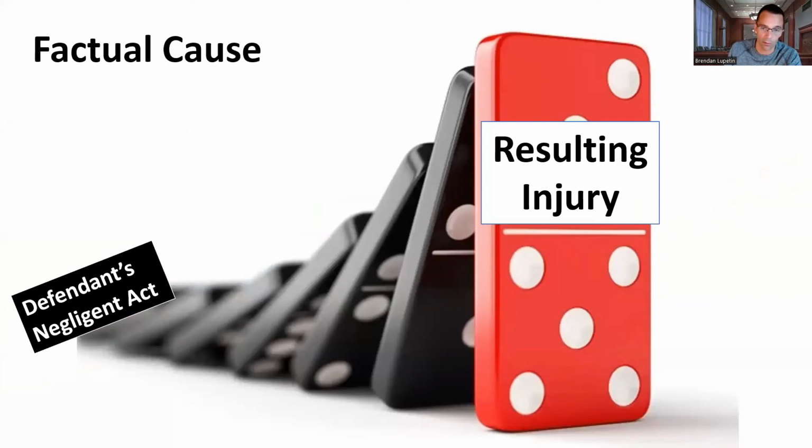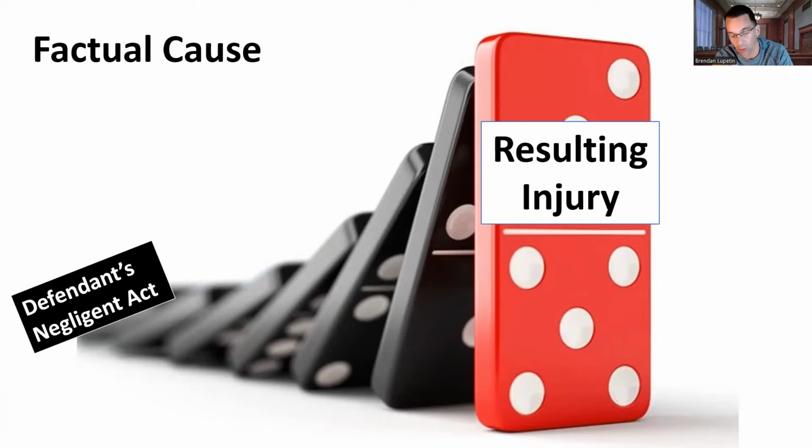And here's another way to think about it. And then you can put next to each of these dominoes describing each chain of events and how it gets to the point where it causes your particular client's injury. I mean, that is proximate cause.